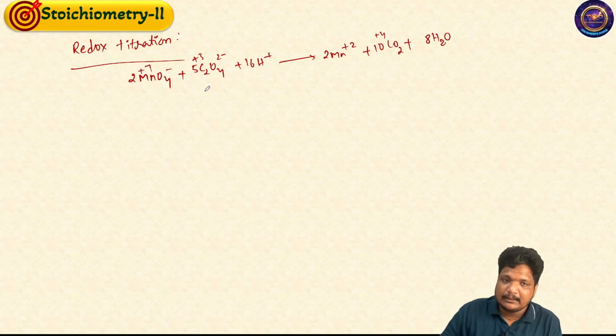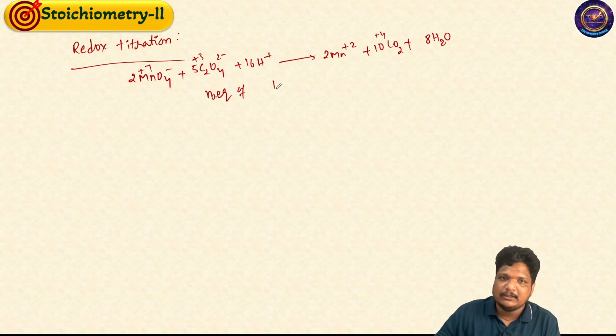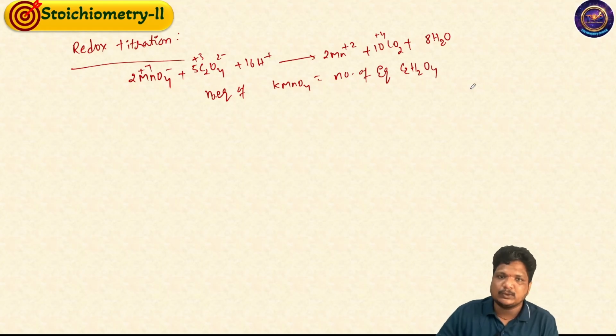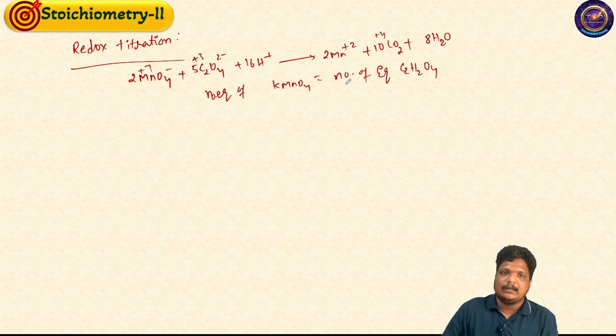Here the number of equivalents of KMnO4 is equal to the number of equivalents of oxalic acid, C2H2O4. In this way you can find the concentration of an unknown solution using potassium permanganate and oxalic acid titration.